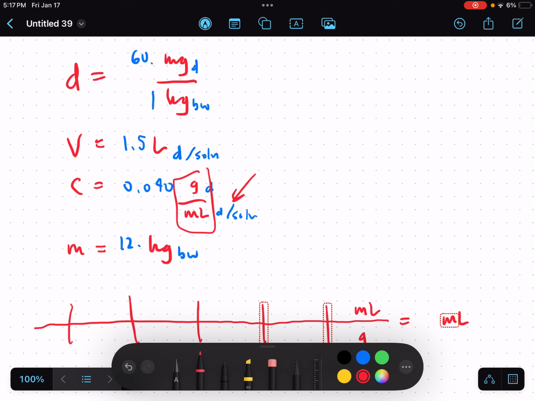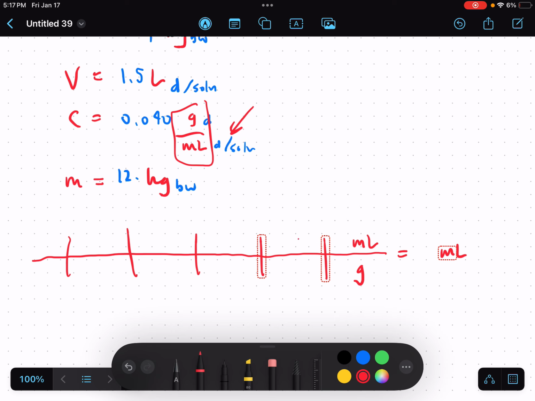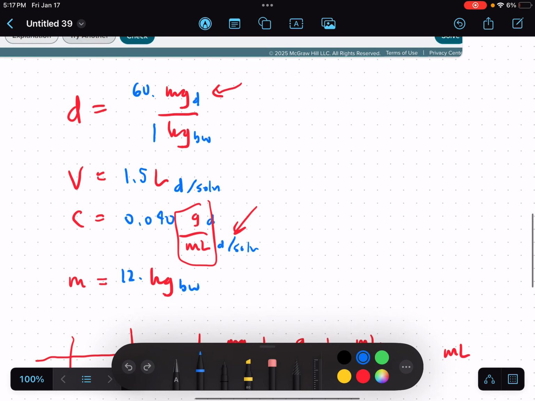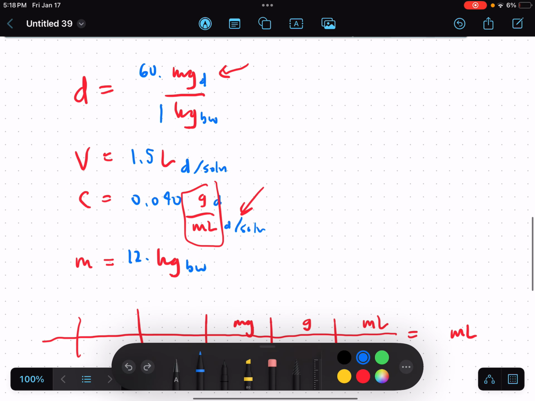All right, now, grams of drug. Where else do I have grams of drug? Right, I don't have grams of drug, but I've got milligrams of drug. Okay, so I'm going to put grams of drug and milligrams of drug, right? I'm playing this game called cross them off, right? I knew I needed grams, had to cross off because it has to cross off. So I put the grams there, and I went up to my problem and I said, oh, I don't have grams, but I do have milligrams.